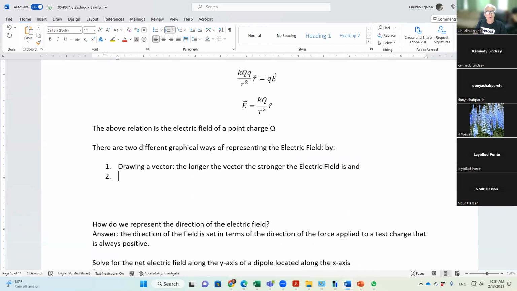And two, by drawing an electric field line. The closer these lines are, the more intense, the stronger the electric field is.